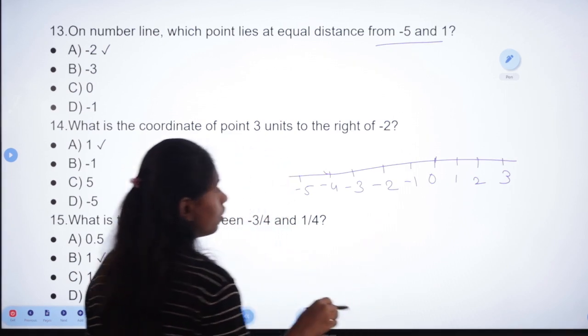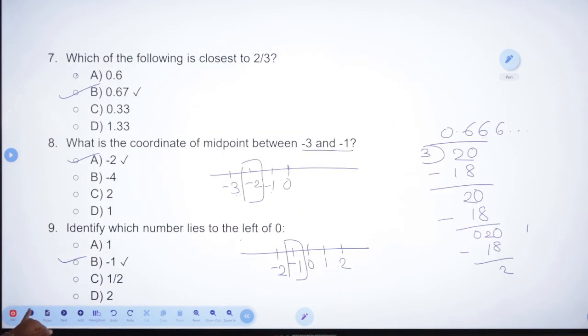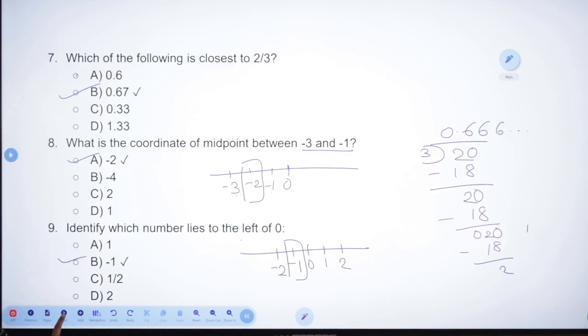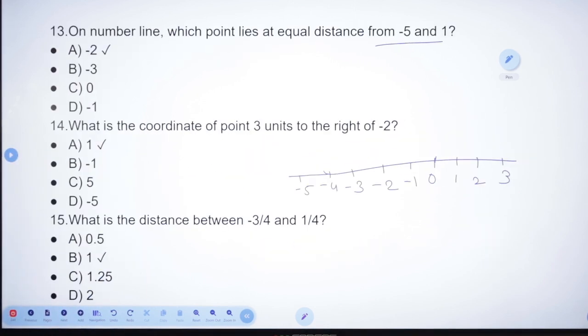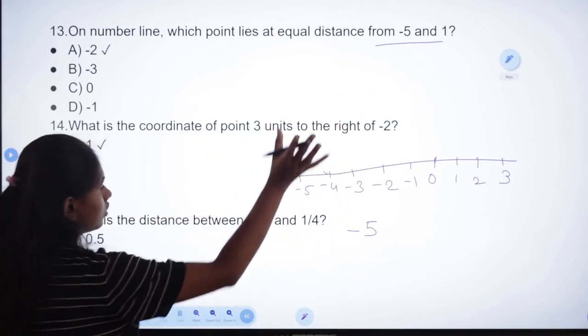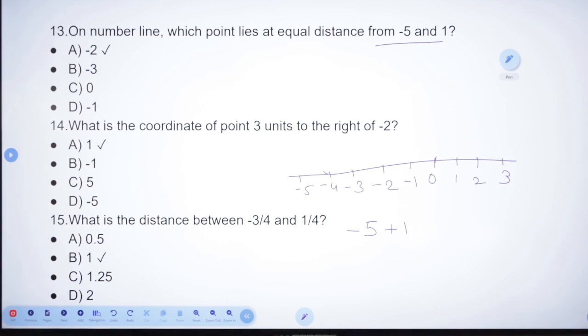So what is the formula for it? How will you find out the midpoint? Means what? You have to just add it. Okay.